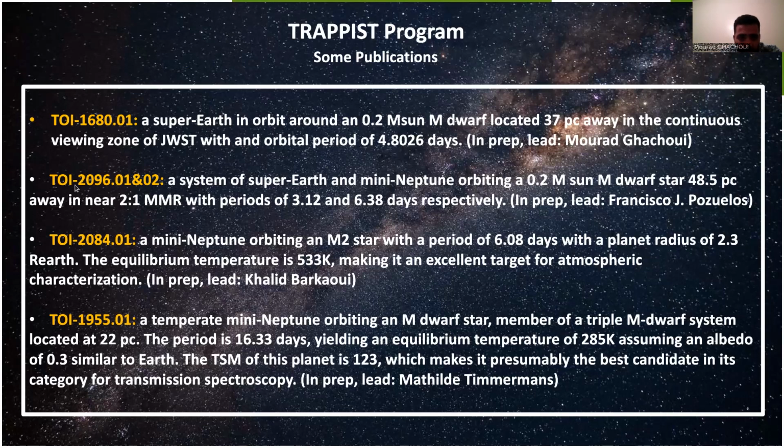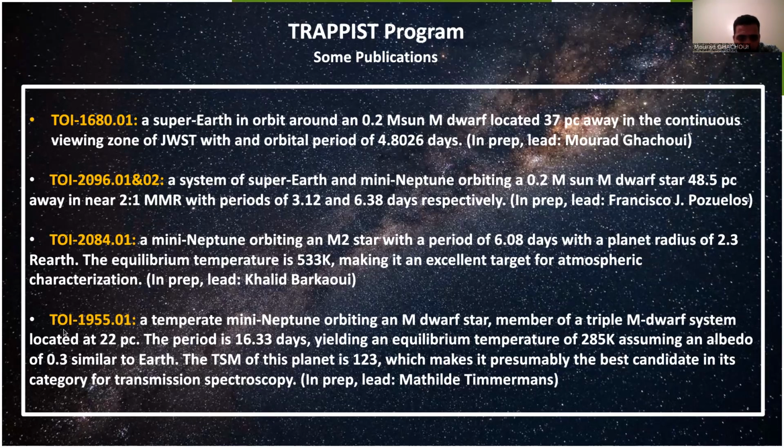We have also a system of 2 exoplanets, TOI 2096 b and c. It's a system of a super-Earth and a mini-Neptune also orbiting an M dwarf. And we have TOI 2084, which is a mini-Neptune orbiting an M dwarf.